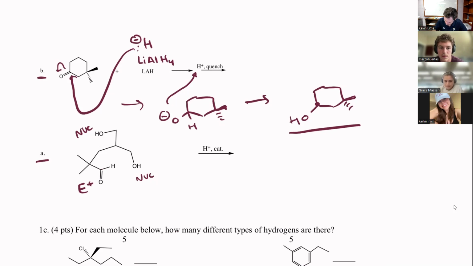Right, so if we go back, with any sort of ketone or aldehyde, if I add ROH, I'm going to get what's called an acetal, where I get two alcohols adding and replacing the original carbonyl.